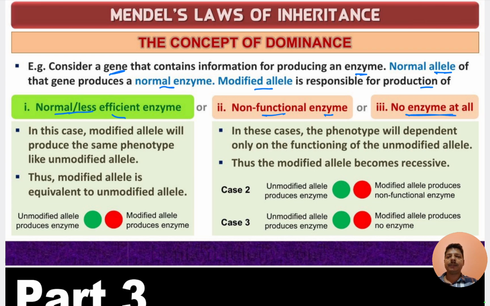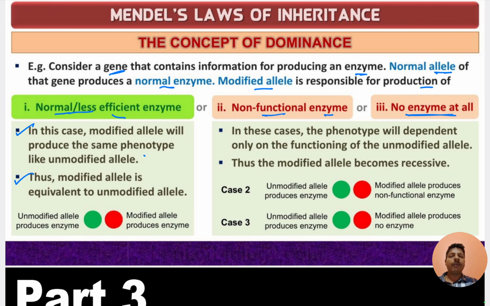In the first case, if the modified allele produces normal or less efficient enzyme, in this case, the modified allele will produce the same phenotype like the unmodified allele. The first condition, first result came. Second, thus modified allele is equivalent to unmodified alleles.